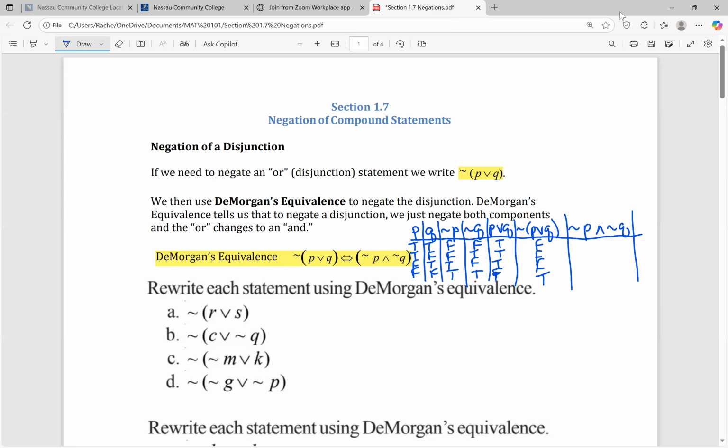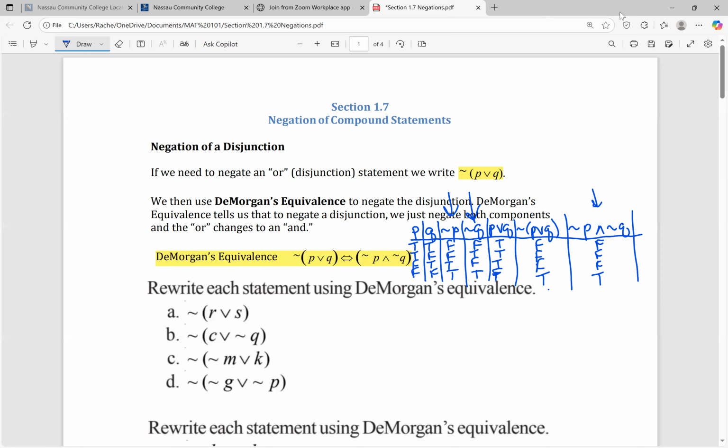Now last, we have not P and not Q. So let's take the conjunction of not P and not Q. And a conjunction is only going to be true if both statements are true. So we have false, false, which is false, false, true, which is false, a true, false, which is false. And then the last one is true, true. So that's going to be true.